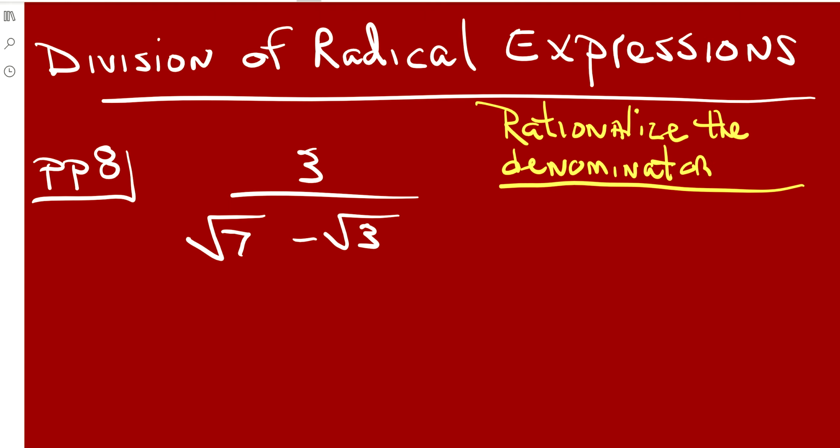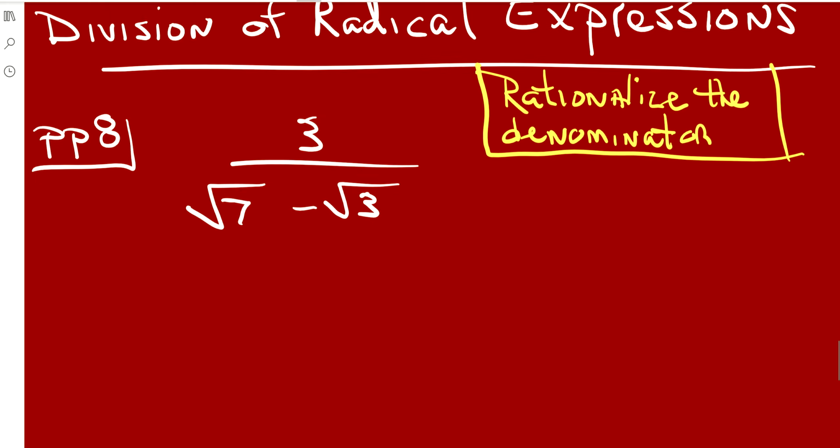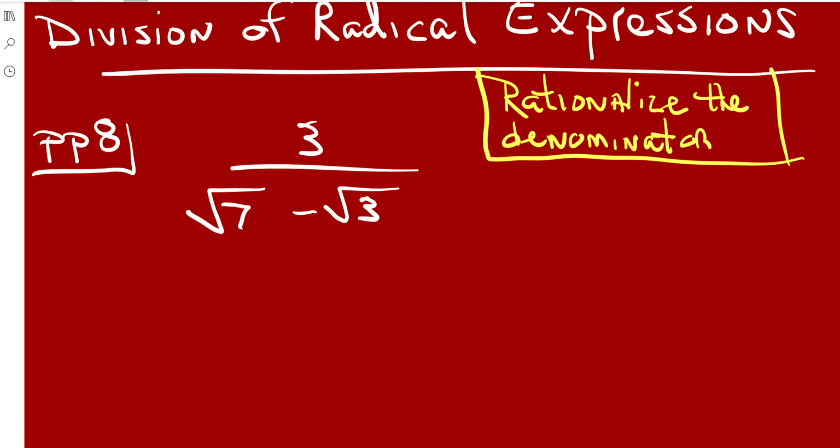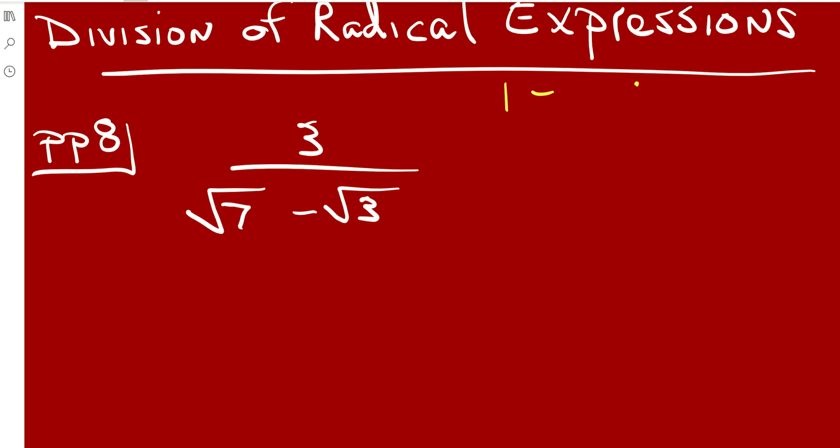Sorry about the clicking going on there. Okay, so there it is, and I'm going to rationalize the denominator. That's my clue when we're dividing. Whenever we can, we rationalize the denominator, get the radical out from under the radical sign.